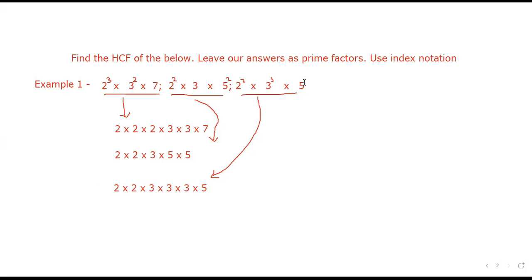Beautiful. Now, as you can see what I'm doing, the question is written in index notation, index form. What I've just done is I've been able to expand them properly. The next thing I'm going to do is look for the common factors.